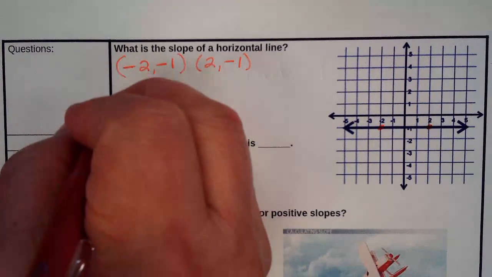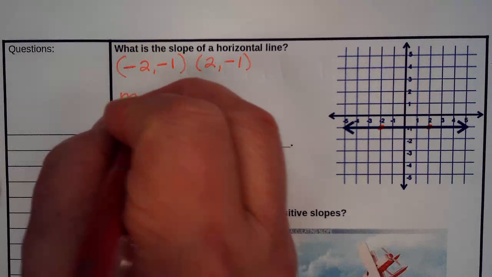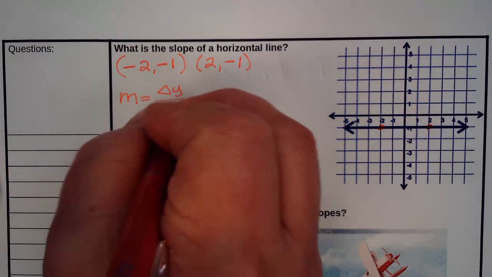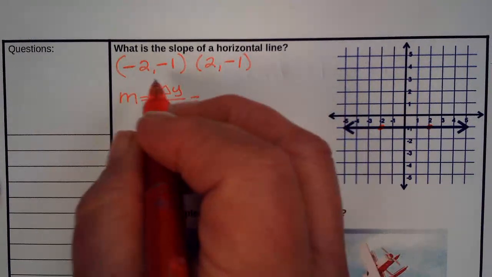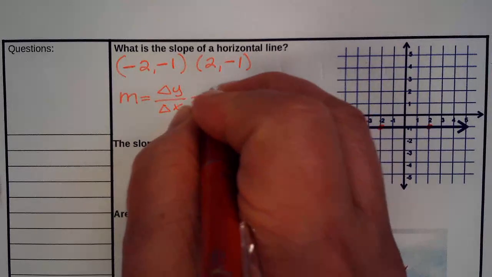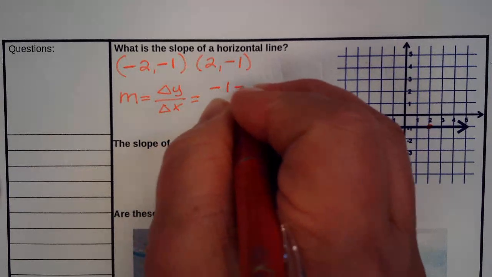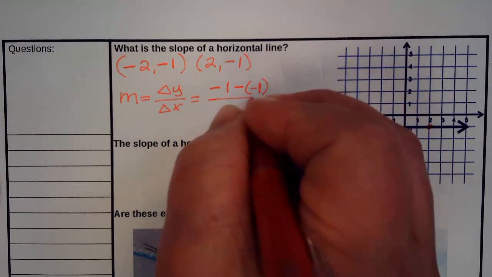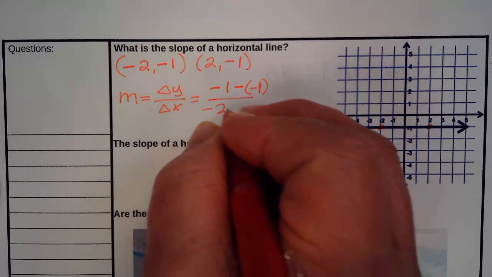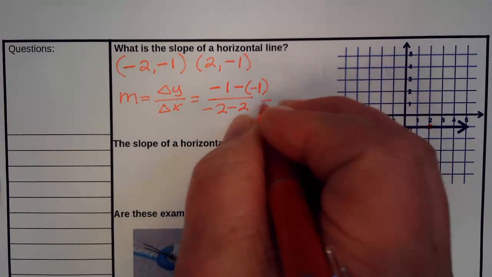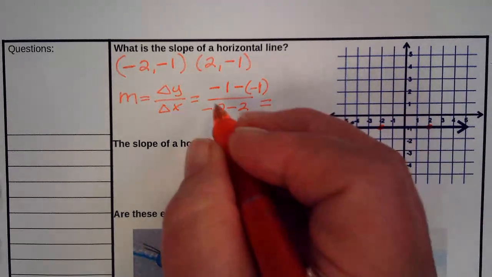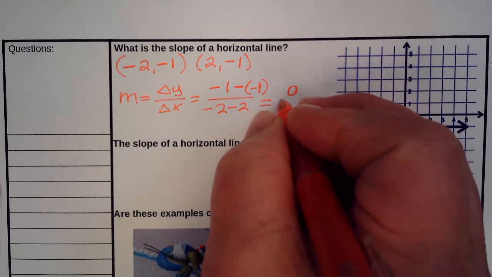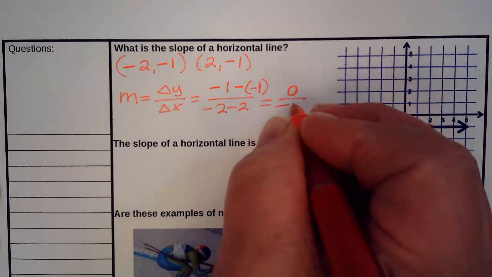So my slope, which is the delta y over delta x, I've got -1 minus -1 over -2 minus 2. -1 plus 1 is 0. -2 minus 2 is -4.